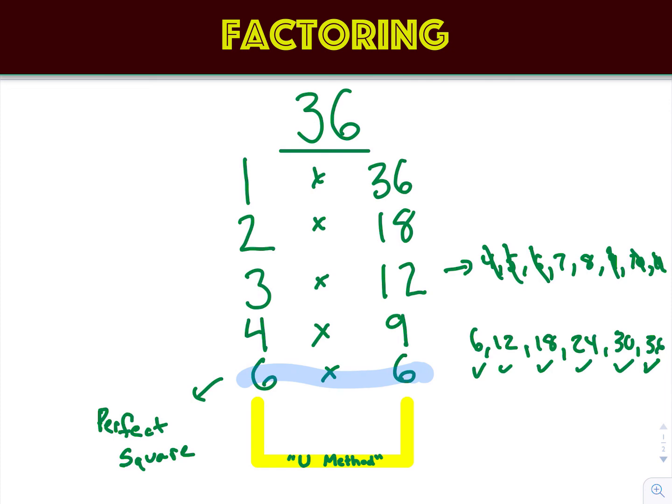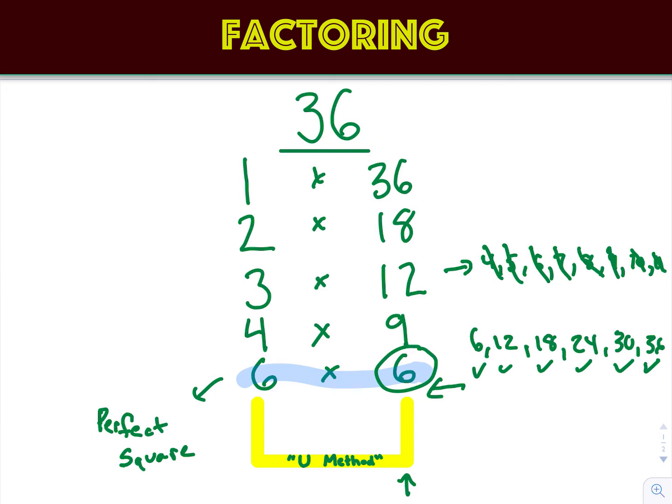Okay, I do not need to check to see if 7 and 8 are factors of 36, and that's because I now have 6 as a number on the right side of the U, and the U method says a number can't be bigger than any number I have on that list, which the smallest number on the right side of this list will always be the bottom number. So 7 and 8 cannot be factors either.